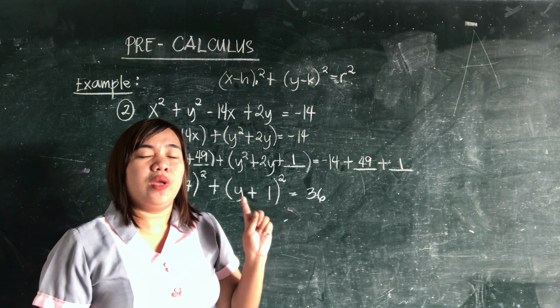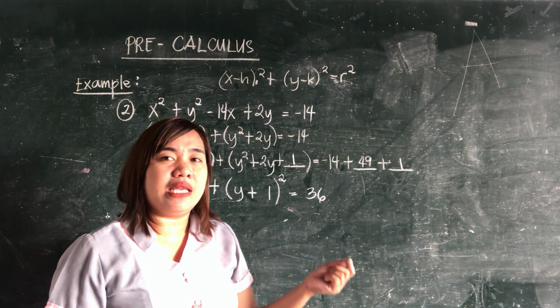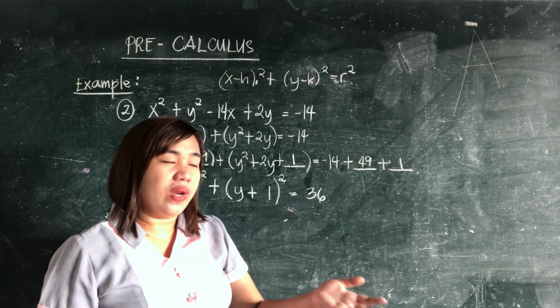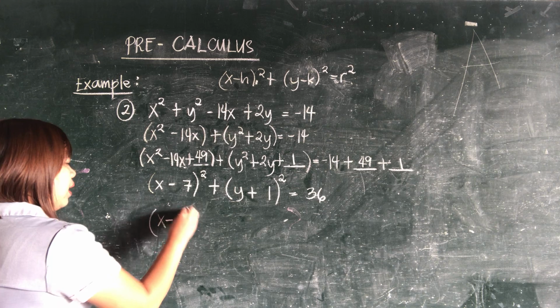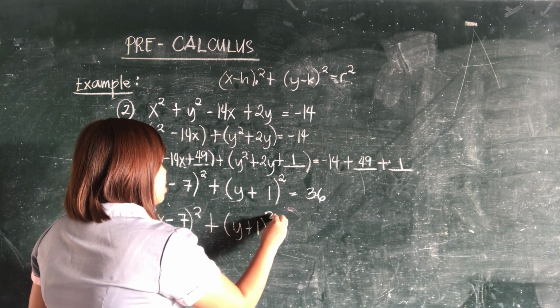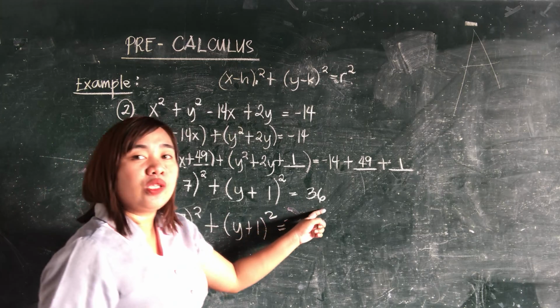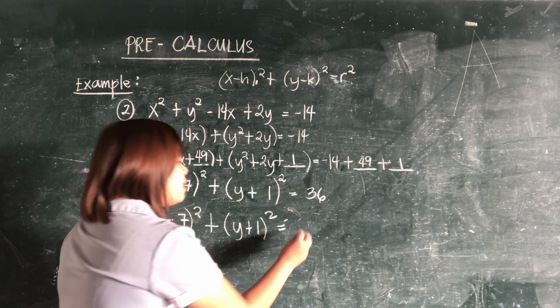Pero since we also need the value of r, so kailangan natin i-express yung 36 as r squared. So all you have to do, copy (x minus 7) quantity squared plus (y plus 1) quantity squared equals, get the square root of 36. The square root of 36 is 6.